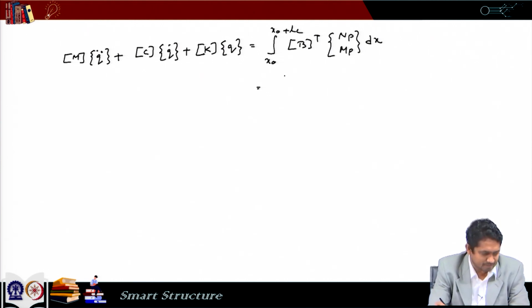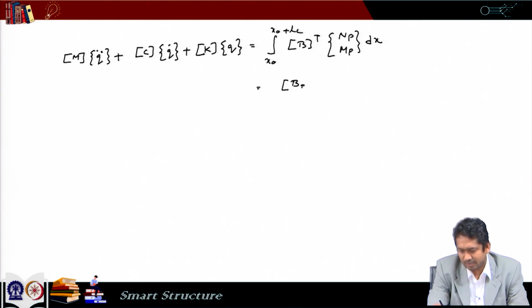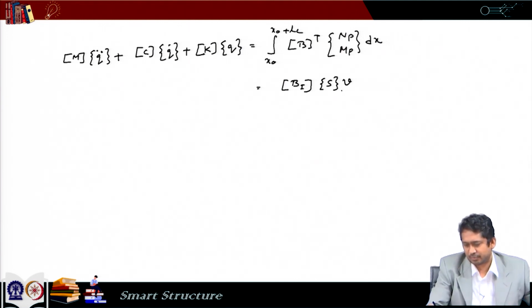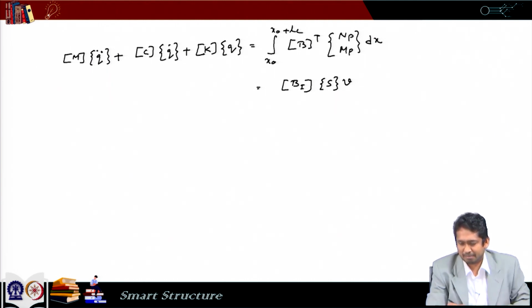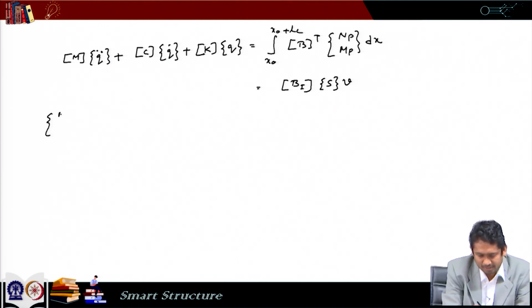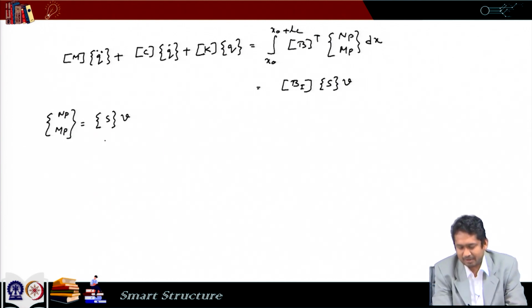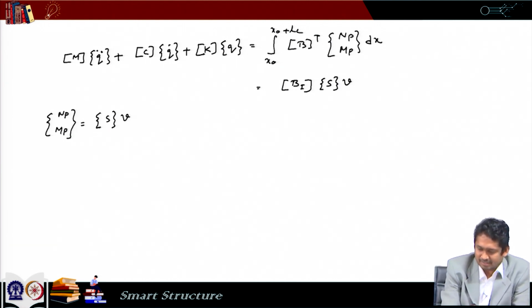And then we can write this entire thing as B I. So, we are calling it B I, means this B matrix integrated over x 0 to x 0 plus L C. So, B I multiplied by a vector S, we are introducing a new vector S into the actuation voltage V. So, S is a vector which is required to convert the voltage V to NP and MP. So, NP and MP is a vector S which on being multiplied with V gives me the NP and MP.